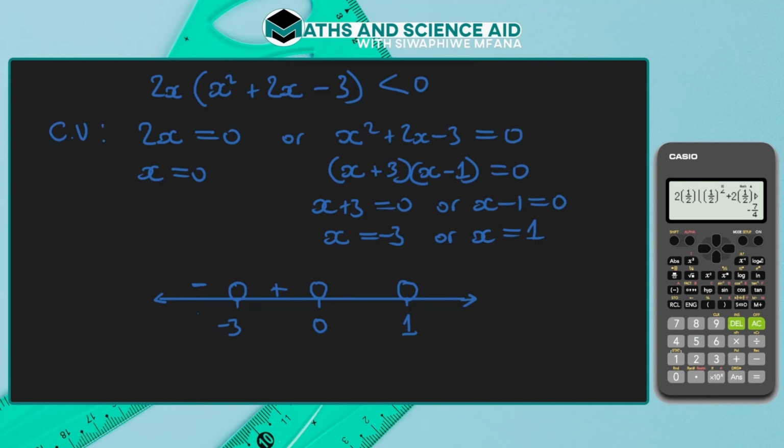We get a negative value, and therefore we are going to write a negative here. And lastly, we need to take a value that is greater than 1. So we can just take 2. 2 is greater than 1, and then we substitute 2 throughout. And so here we get 20, a positive value. So here we will write positive.